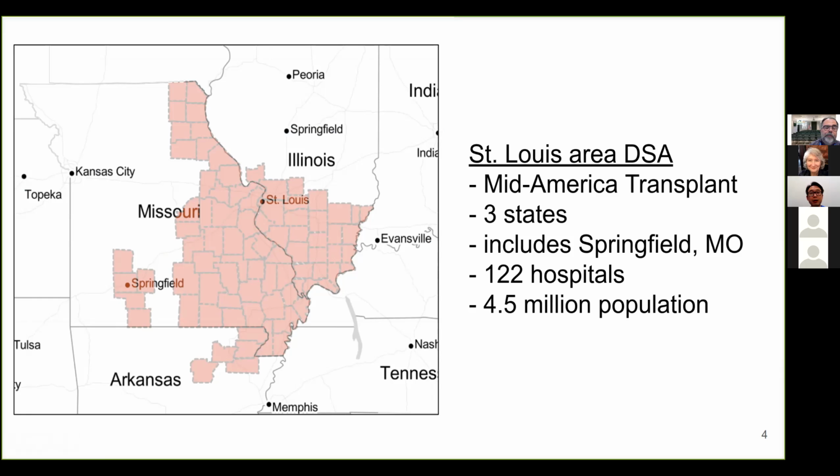Within these boundaries, this encompasses 122 hospitals and a population of about 4.5 million people. What this means is that any potential organ donor at a hospital within these boundaries is referred to Mid-America Transplant, and Mid-America Transplant does all the work to evaluate the donors and then coordinates the entire organ donation process.